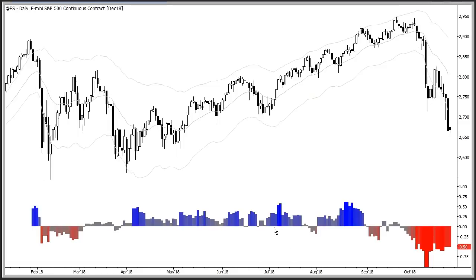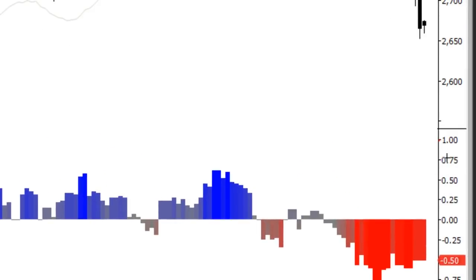So this indicator, this strange looking indicator down at the bottom, is essentially the percentage of stocks on Adam's list on any day on the close that were long or short. We don't know how many stocks from this indicator, but if they were all long, we would be up here at +1.